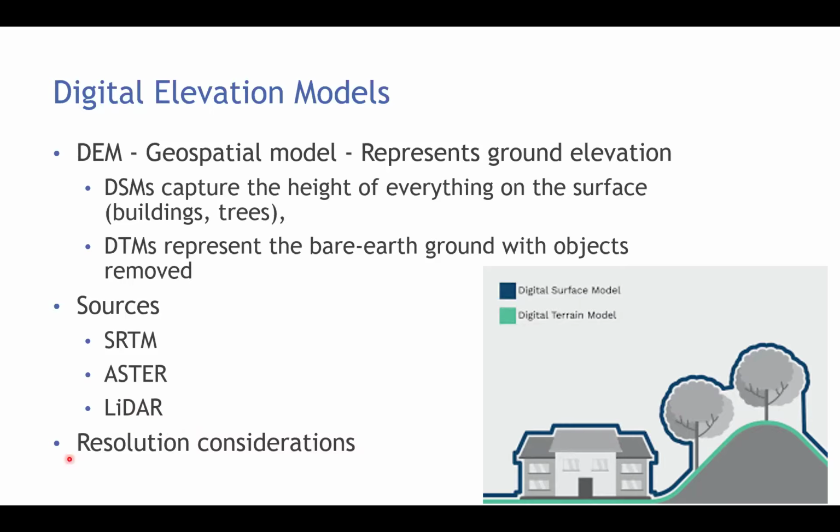Now, resolution. Whenever we use these DSMs or DTMs for a specific application, if you want to delineate a watershed, then DSMs are fine. But if you are working on flood inundation mapping, then DSMs are not going to work.